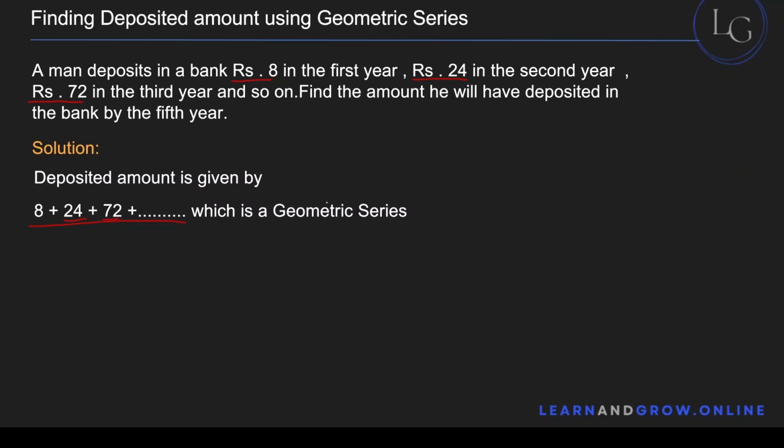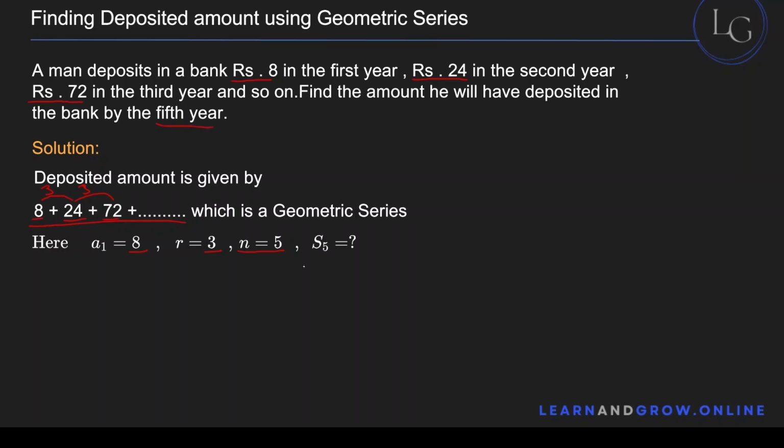And this is a geometric series. And why? Because there is a common ratio. The common ratio here is basically 3. So the first term a1 is 8, and r is 3, the common ratio, and n is 5, because the question asks us to find the amount he will have deposited in the bank by the fifth year.